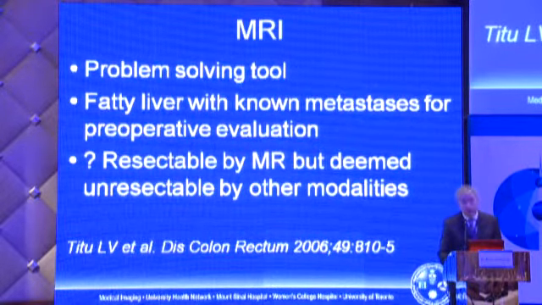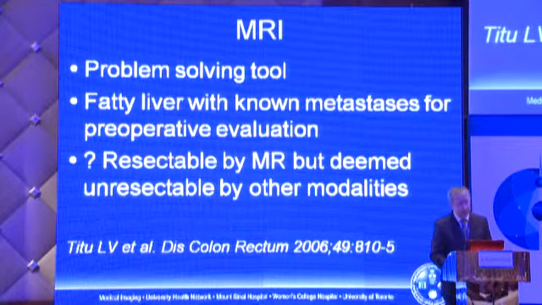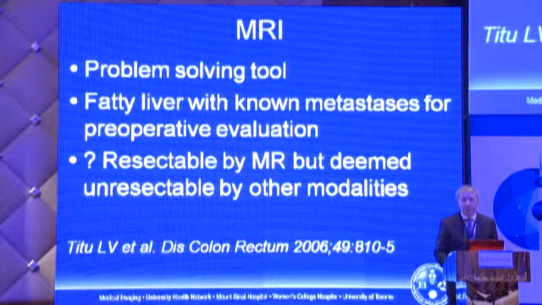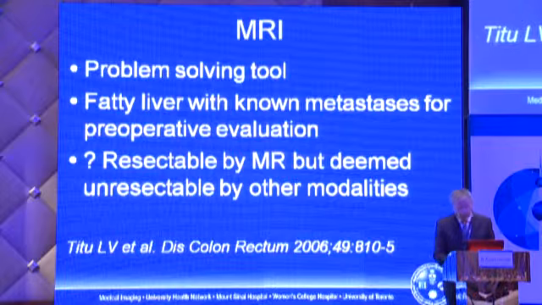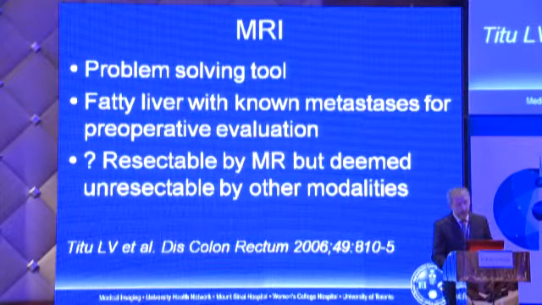So what is the role of MRI in looking for liver metastases? Again, it's a problem solving tool. It's very helpful with fatty livers if liver resection is being considered. CT isn't as sensitive in that setting, so if somebody has known metastases in the right lobe of the liver and the left lobe of the liver looks clear on CT, but it's a fatty liver, our surgeons will request a liver MR just to be sure that small lesions in the left lobe aren't being overlooked.